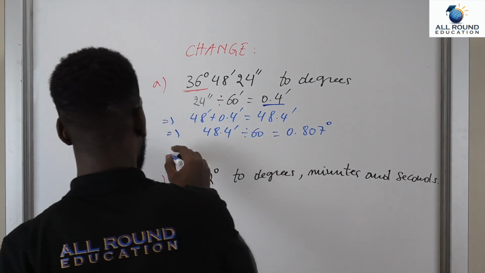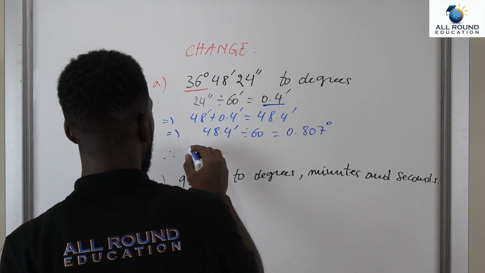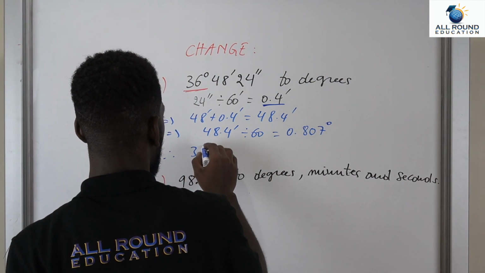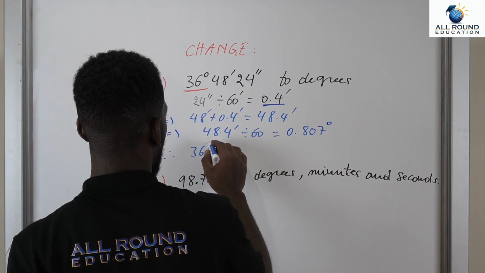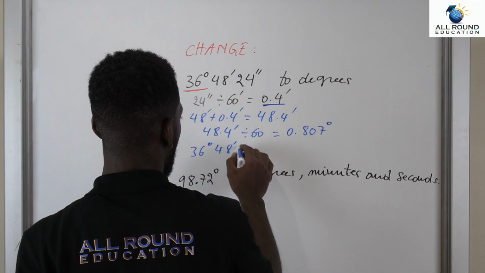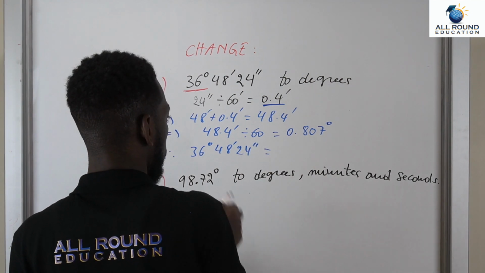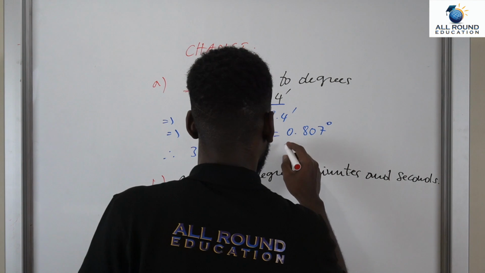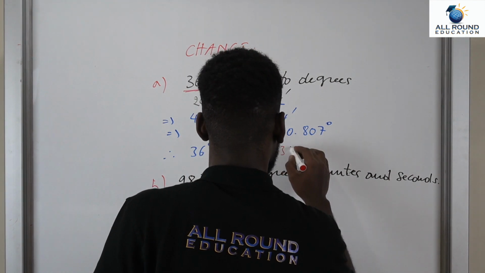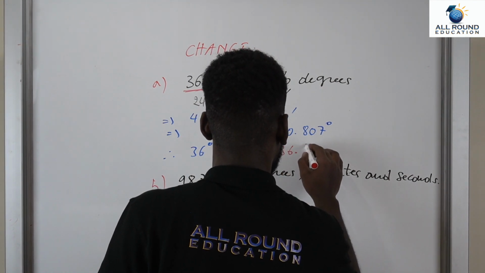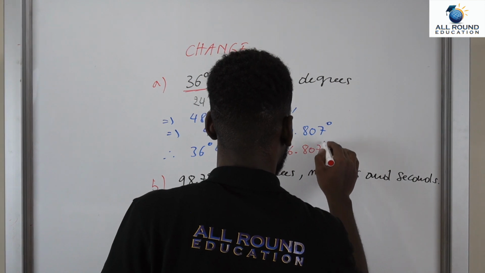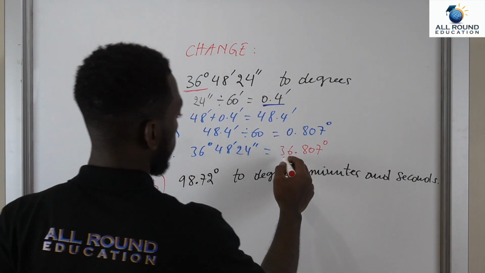Therefore, 36 degrees 48 minutes 24 seconds is equal to 36.807 degrees. So that's our answer, guys.